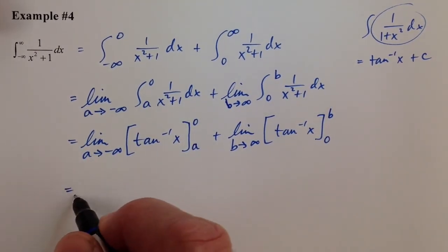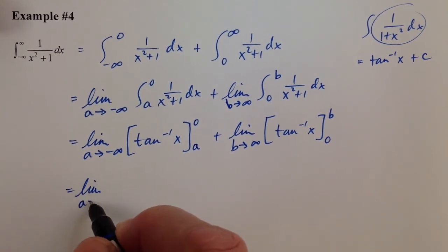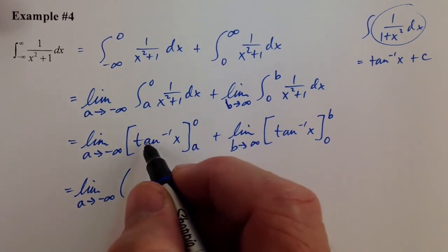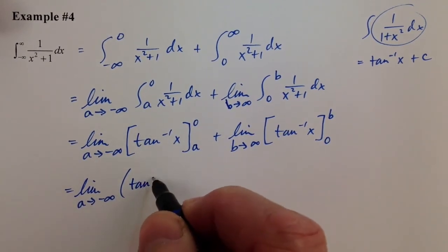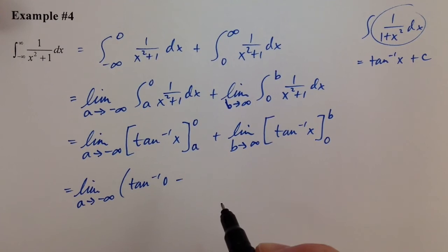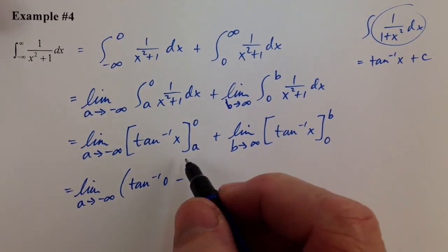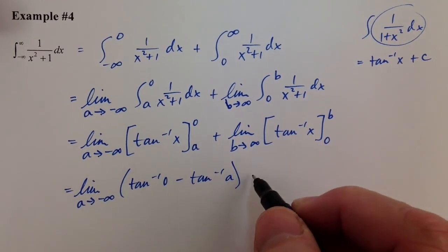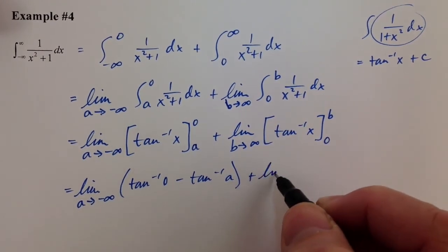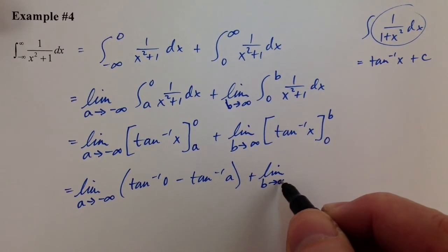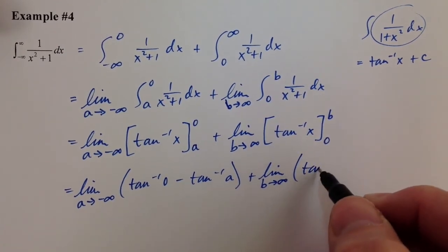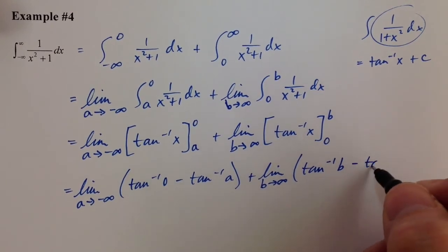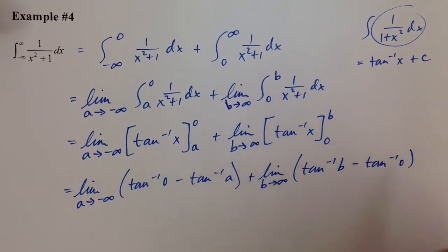We have to first evaluate the definite integral from a to 0: the inverse tangent of 0, and this is really going to test you because you need to know your inverse functions here, minus the inverse tangent of a, plus the limit as b approaches infinity of the inverse tangent of b, minus the inverse tangent of 0.